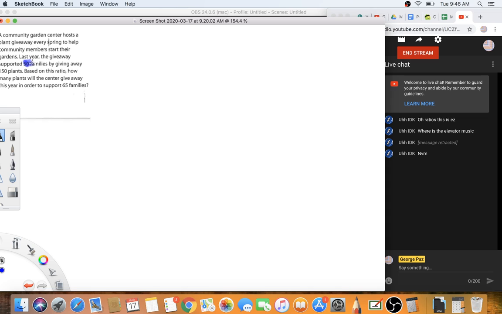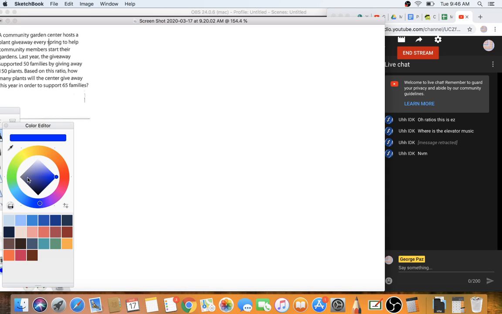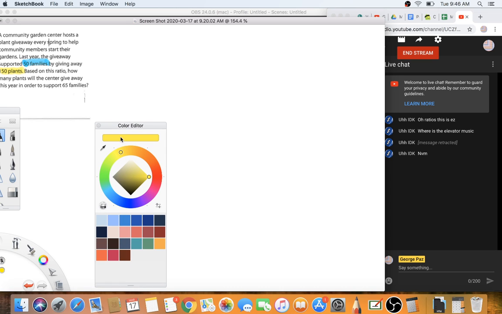We have 50 families. Oh, it's still too dark. Let's go with a different color. Can we make this lighter? There we go. So 50 families. That's one ratio, and then the other one would be 150 plants. So our two categories are... how can I add this here?